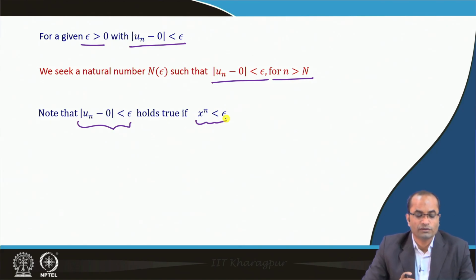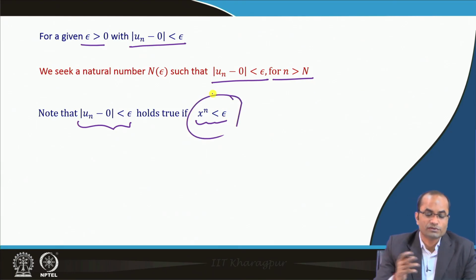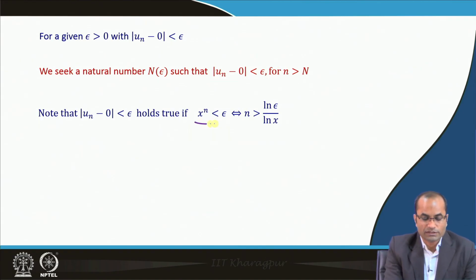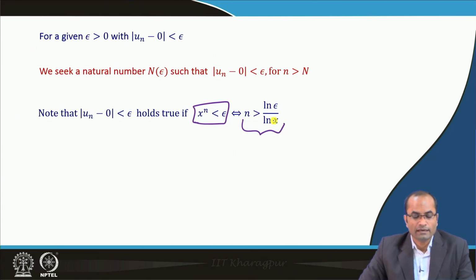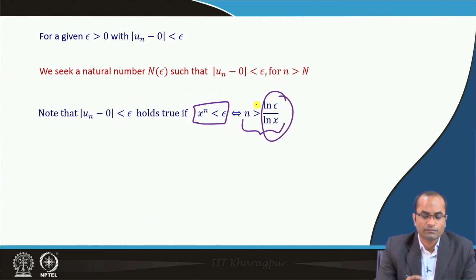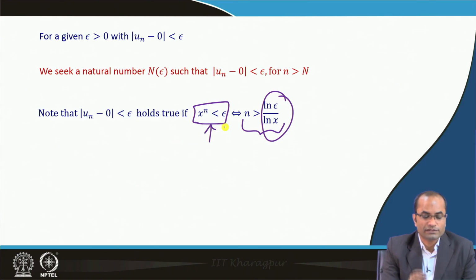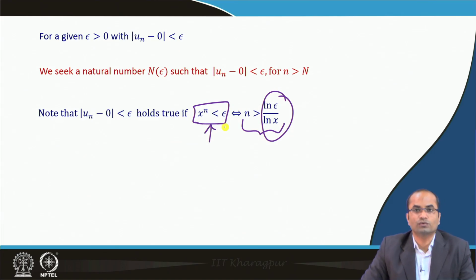We are looking for whether this is true for all n greater than capital N. From this relation itself we conclude that n has to be greater than ln epsilon divided by ln x; only then does this relation hold true.